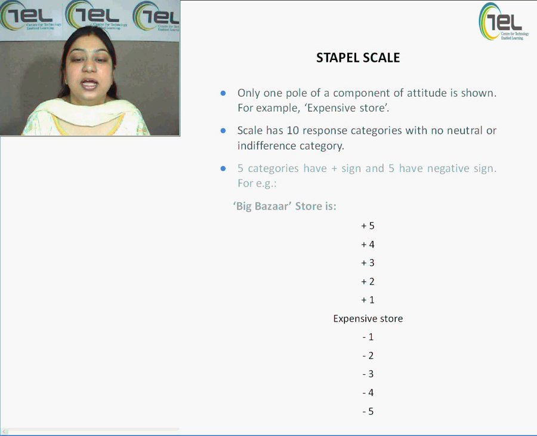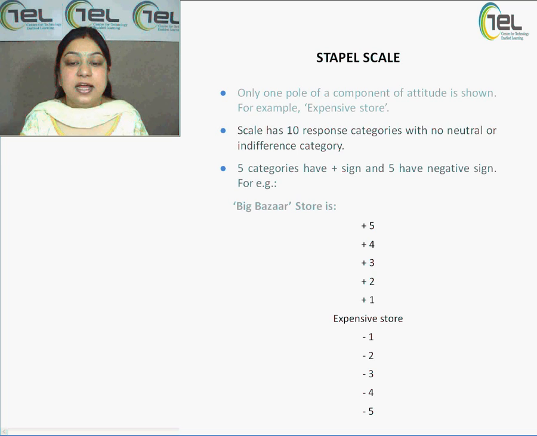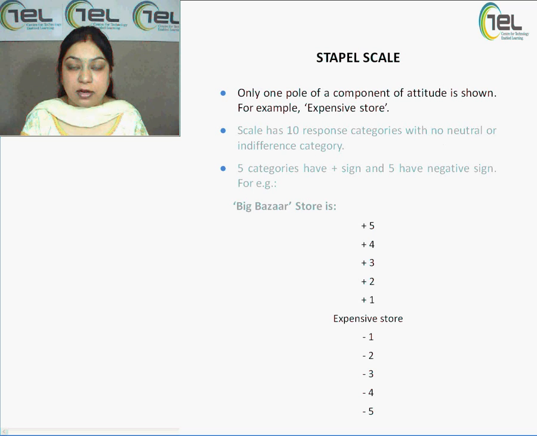The scale has 10 response categories with no neutral or indifference category. 5 categories have a plus sign and 5 have a negative sign. Big Bazaar store is shown like this. This is known as the Stapel scale.